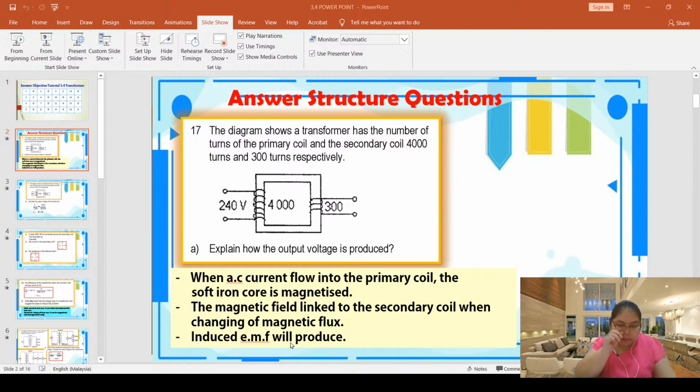Morning. Okay, now you see my screen. So I go to try to off this one. You cannot see. I try to show the slideshow first. You wait me a while.